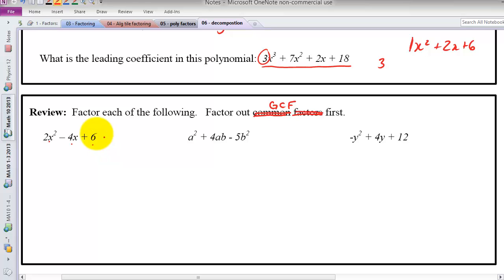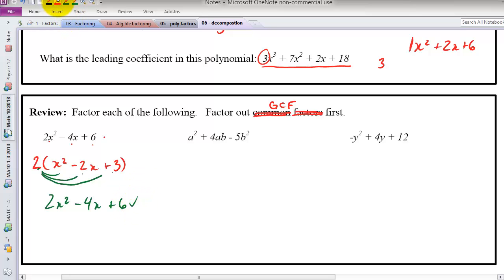The greatest common factor in all three terms is 2. So I'd go 2 times x squared minus 2x plus 3. I can always double check this by expanding again. 2 times x squared is 2x squared. 2 times negative 2x is negative 4x. 2 times 3 is 6. So that checks out.